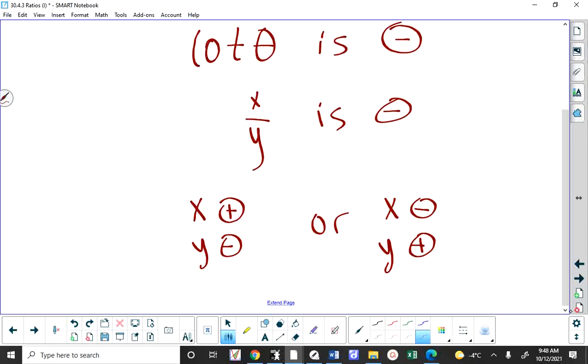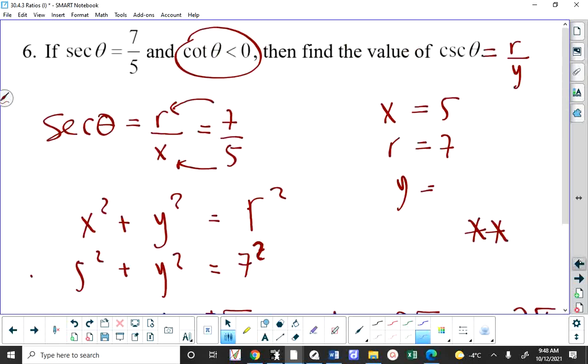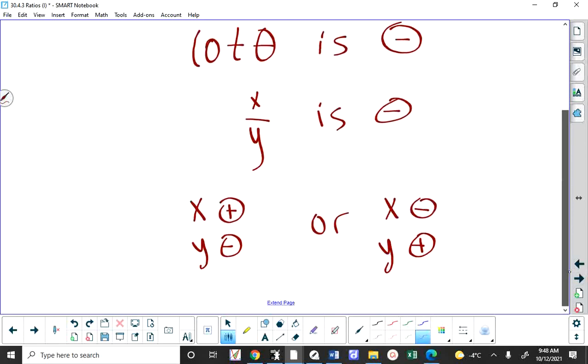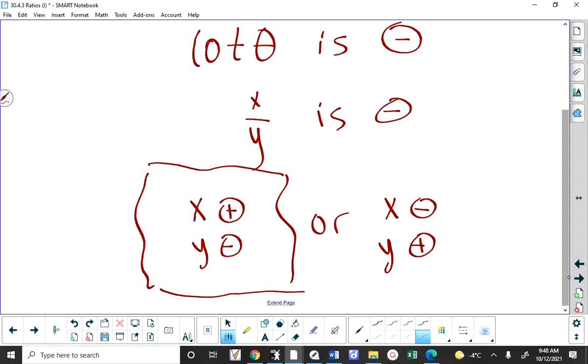And it can't be both, because in the question, secant is a positive number, and secant's related to x. So because secant is positive, x is positive, and if x is positive, the only way for x over y to be negative is if y is in fact negative.